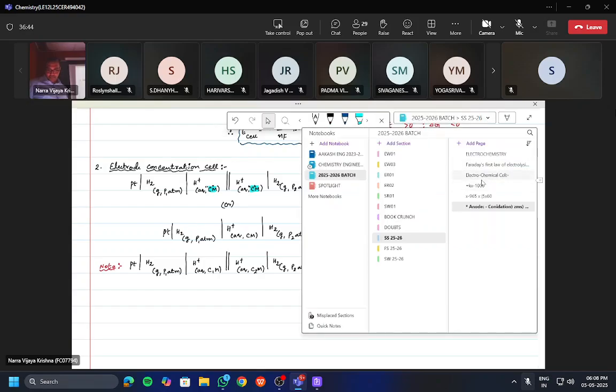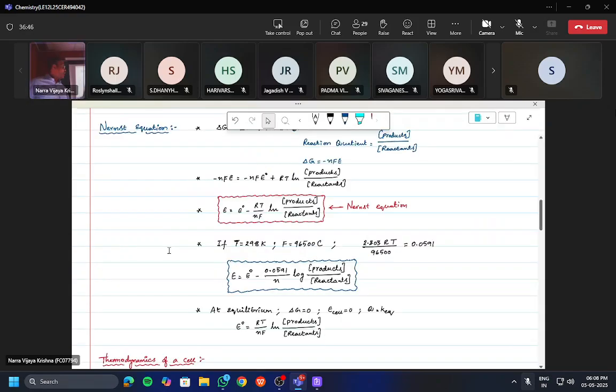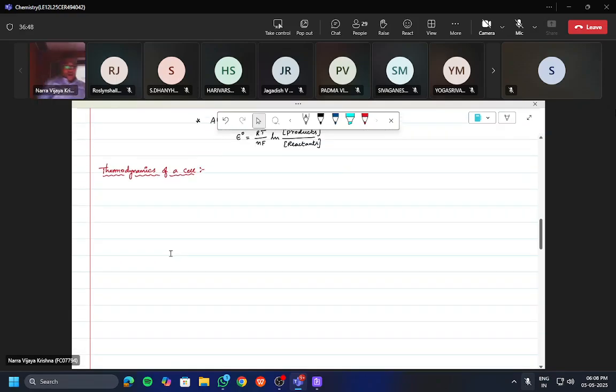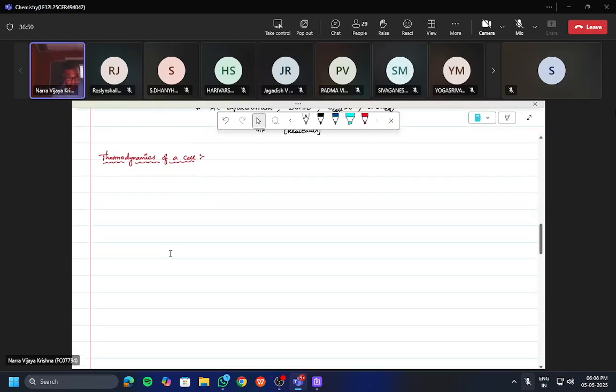Now I am going back to this. Now I am talking about thermodynamics. While we were studying thermodynamics, we saw some formulas. Delta G equal to minus NFE, correct?